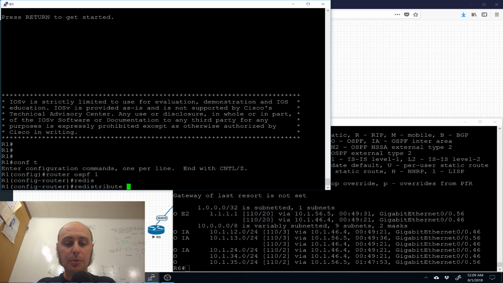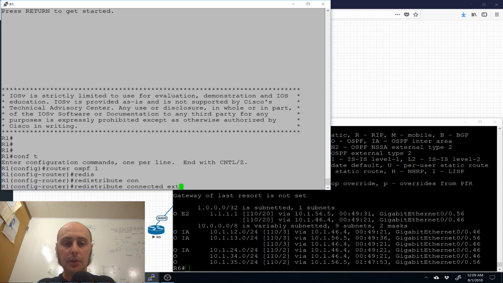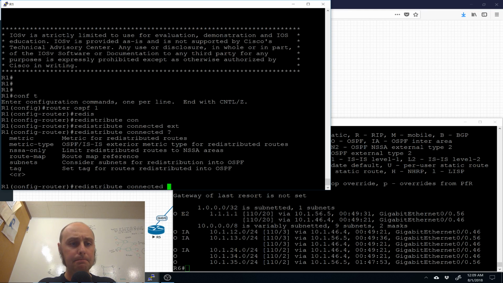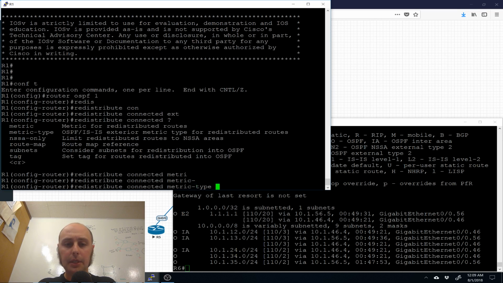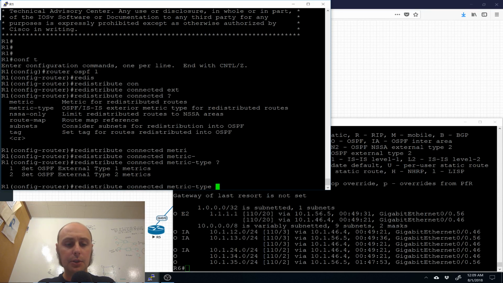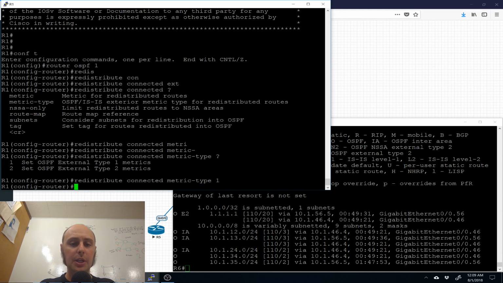On router 1, I'm going to redistribute connected, and I'm going to call the metric type. They are 2s right now. Let's change it to 1.